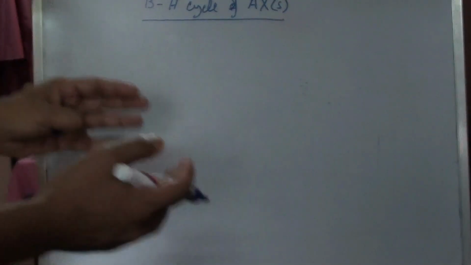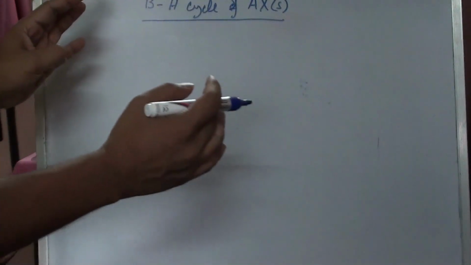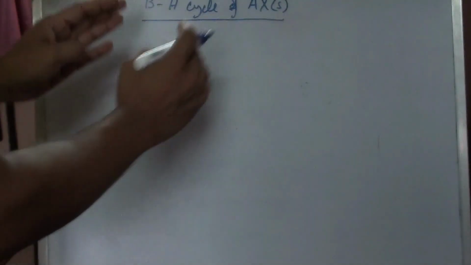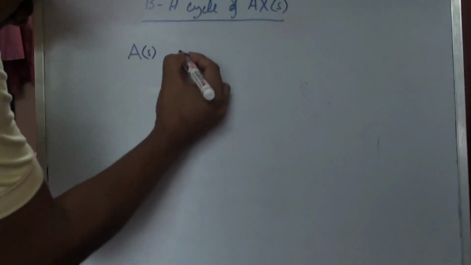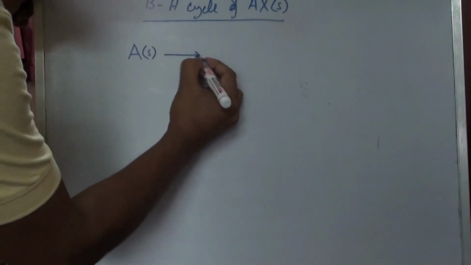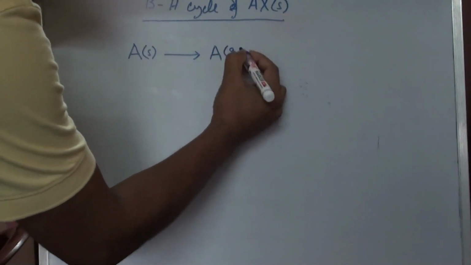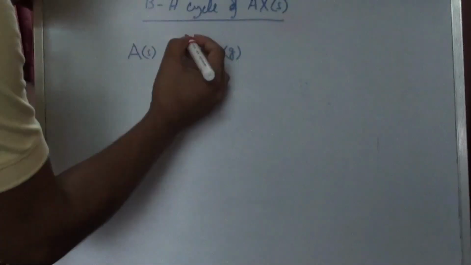Now, applying the thermodynamical data involved in these multiple steps, we have to construct a Born-Haber cycle of AX. Since it is nothing but a cycle, it must look like a cycle. So I am trying to draw this cycle like this. At first, A solid to A gas. This process is called sublimation.